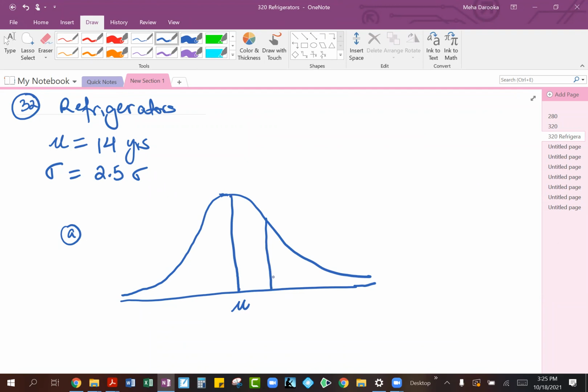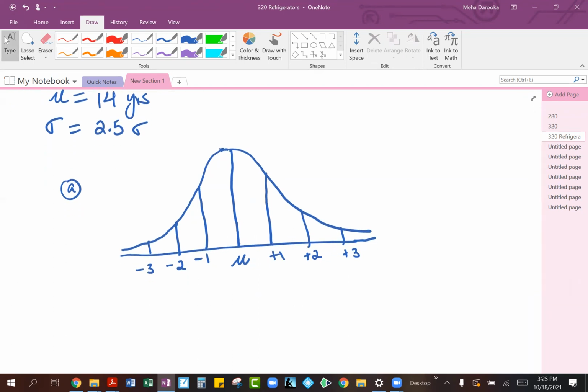Then you go out one standard deviation above, one standard deviation after that, and one more after that. Same thing on the lower side, one standard deviation below, two standard deviations below, and three standard deviations below. So they are telling us the mean is 14 years. So this centermost value is going to be 14.